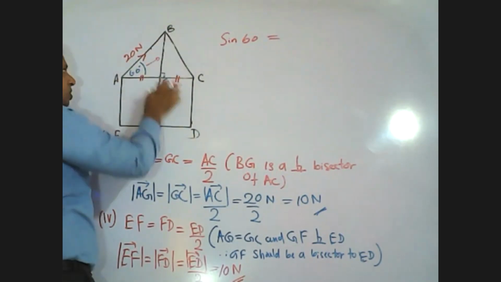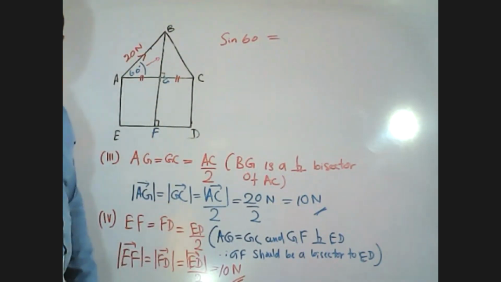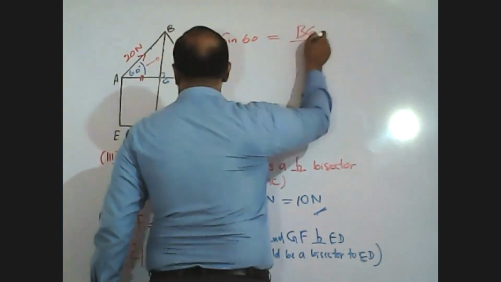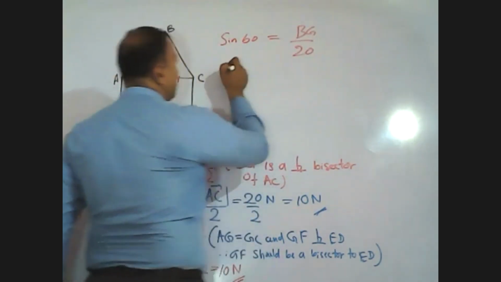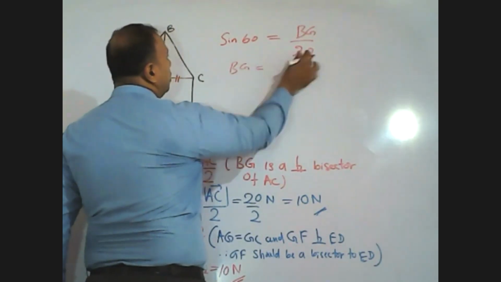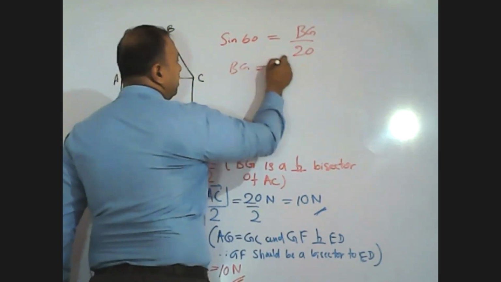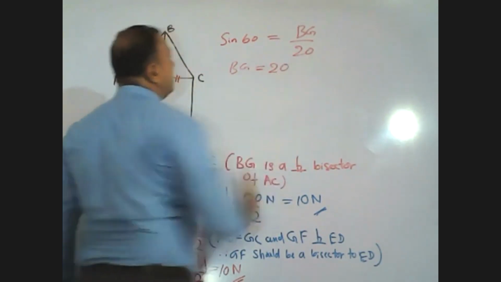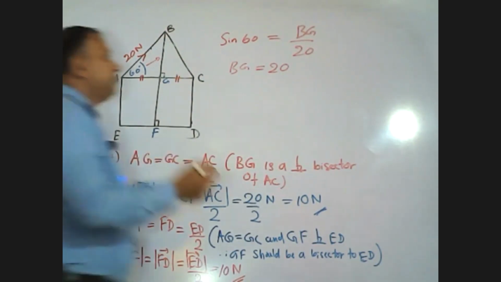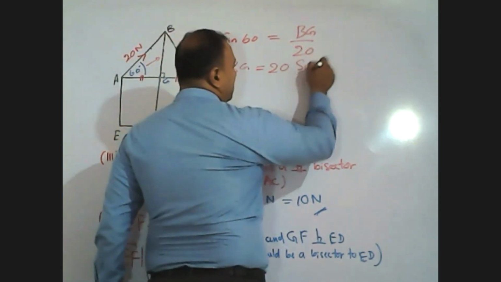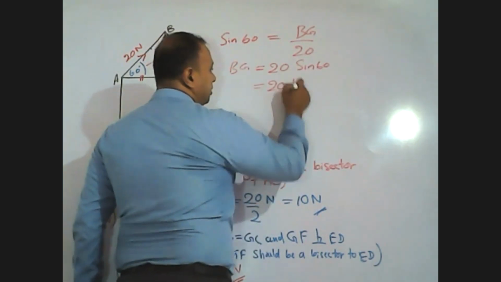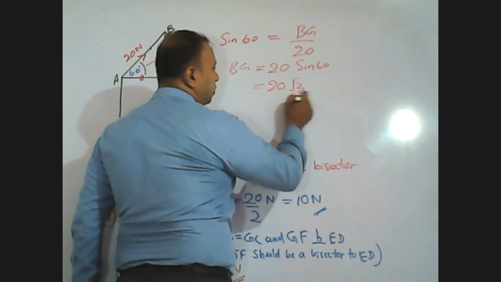Sine 60 is equal to the opposite side, BG, over the hypotenuse 20. That means BG is equal to 20 times sine 60. Sine 60 equals root 3 over 2.